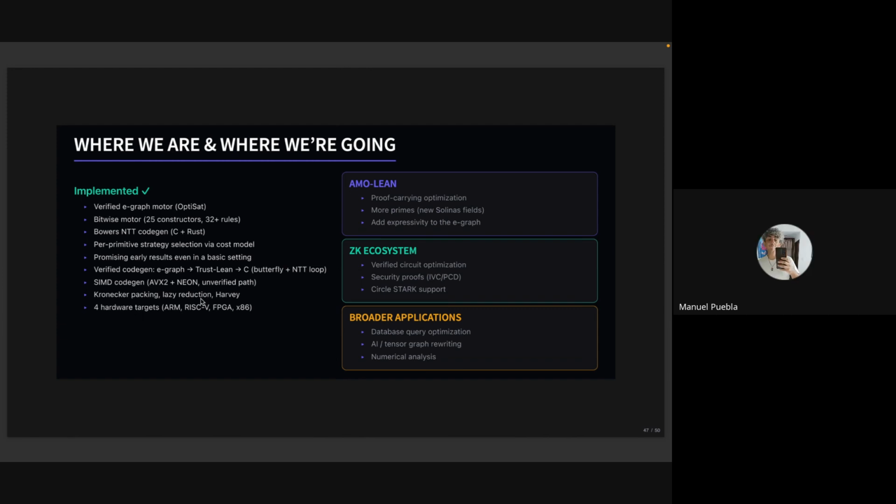Well, maybe we can have not only Lean code, but also something that you can execute that assures you that the optimization is correct. We know it's correct within Lean, but for the outside world, maybe we can have a certificate that the optimization is correct. That's what I'm trying to say with proof carrying optimization.